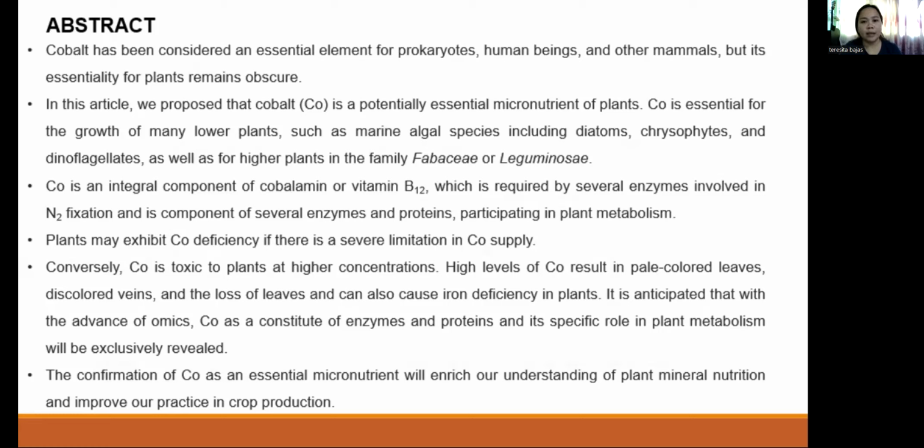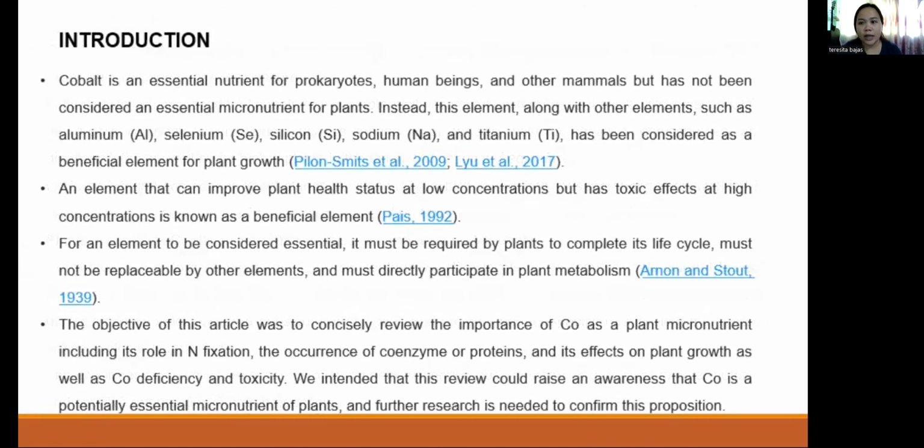Umiikot po ito sa importance niya sa growth, dahil related po siya sa nitrogen fixation. Ito po yung mga review of related literature na nagsasabi na si cobalt ay essential.